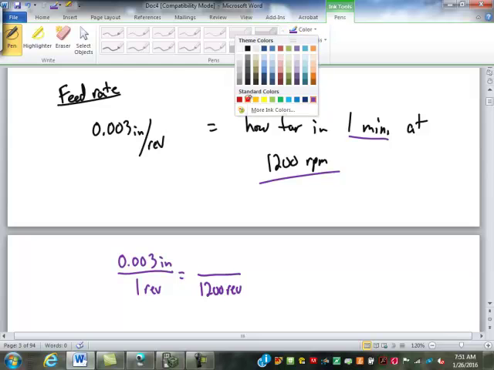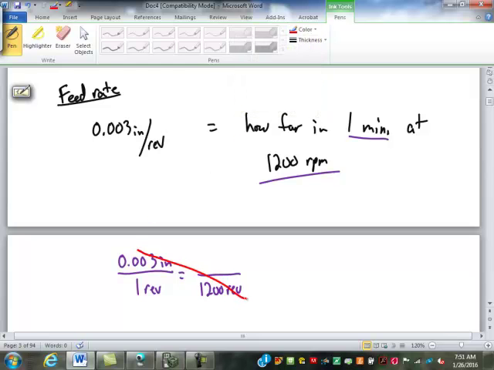So how would we solve this? Well, we would cross multiply and divide to get 8.4 inches in a minute. Make sense?